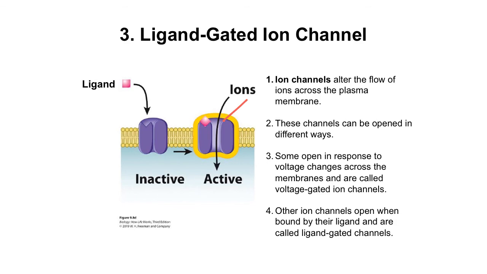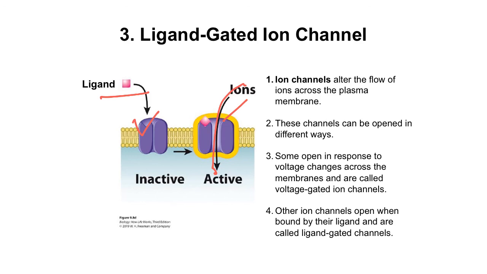And these ligands actually have a specific ligand binding site in this channel. And typically, these channels are inactive and therefore do not allow any ions to flow. But upon the binding of the ligand to the inactive channel, it causes a conformational change, an allosteric activation of the channel, opening it up, allowing ions to move in.